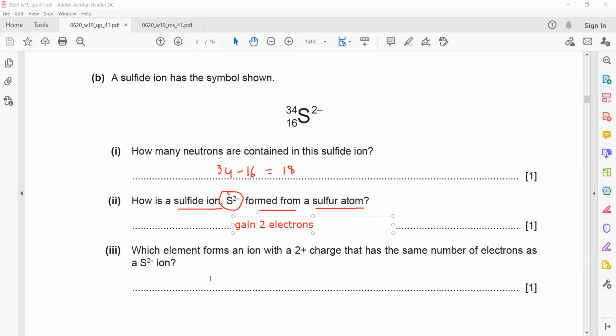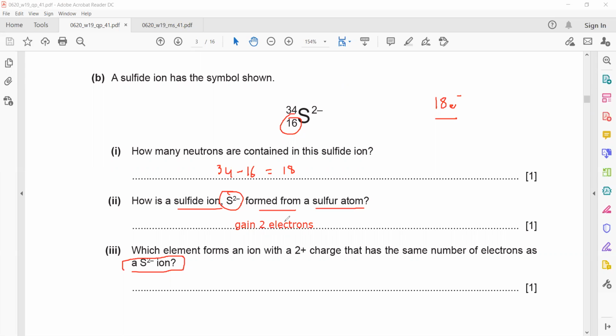Which element forms an ion with 2 plus charge that has the same number of electrons as sulfide minus 2? In sulfide, how many electrons are there? It has 18, because 16 are protons, 16 electrons in neutral, but minus 2 means it has 18 electrons. So we have to mention an element which also has 18 electrons.